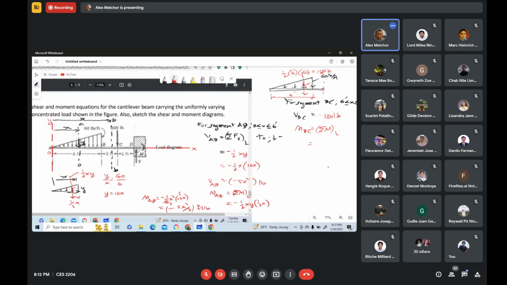So we have minus because the force here is acting down. So minus 180 multiplied by what is the moment arm? Moment arm is this. And this distance here, that distance is 2/3 of 6, right?